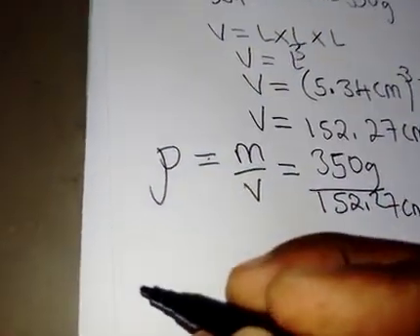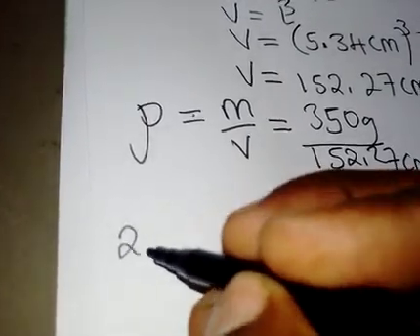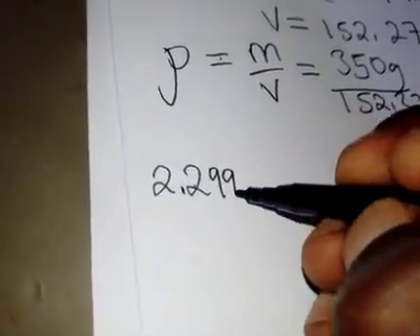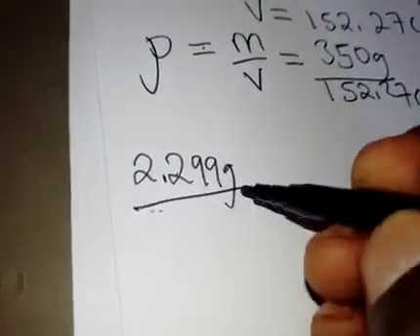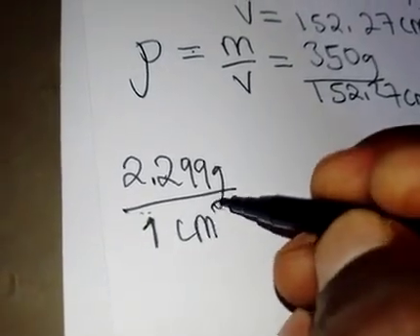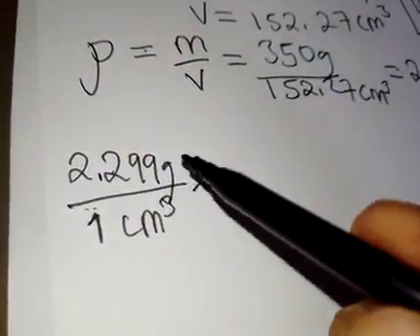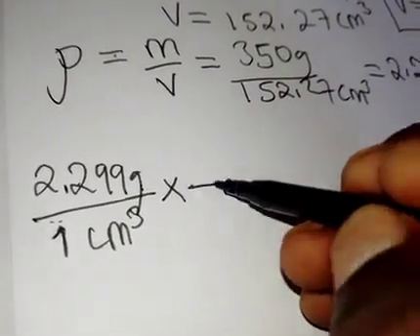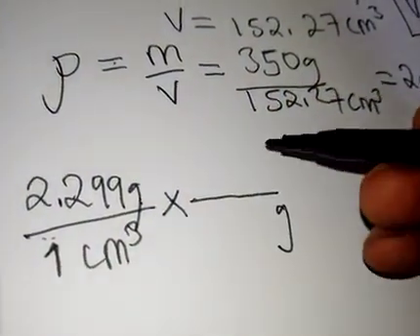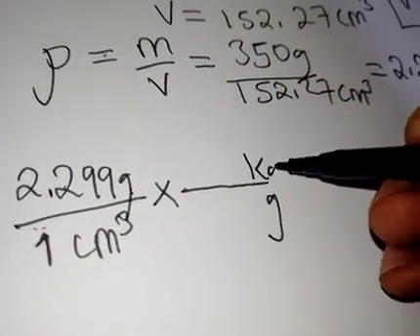We'll start with 2.299 grams over 1 cubic centimeter. Then multiply by, let's first convert grams into kilograms. So we'll say over grams down there, so that grams and grams can simplify, then kg on top.